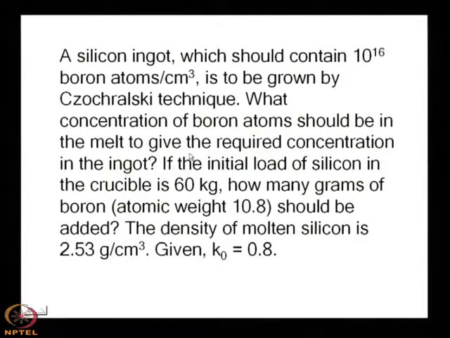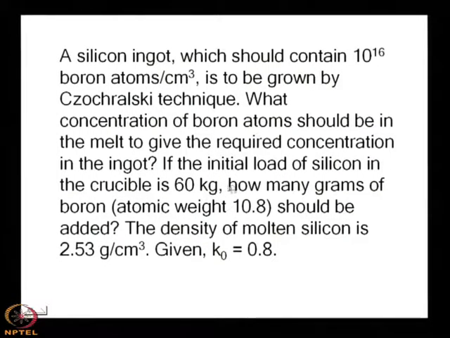Same problem. If the initial load of silicon in the crucible is 60 kg, how many grams of boron with atomic weight 10.8 should be added? The density of molten silicon is given as 2.53 gram per cc, and also K zero, the segregation coefficient, is given as 0.8. Same type of problem.